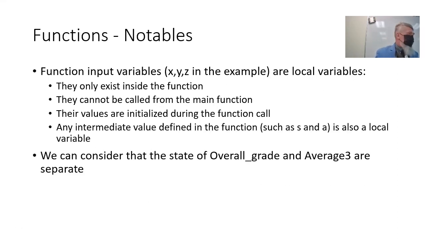Okay, so there's the other thing. This is a hard idea to get if you don't concentrate, but if you concentrate, you'll get it. We have this concept of local and global variables. The idea is that a variable, when you declare it inside a function, is only available within the function in which it has been declared.